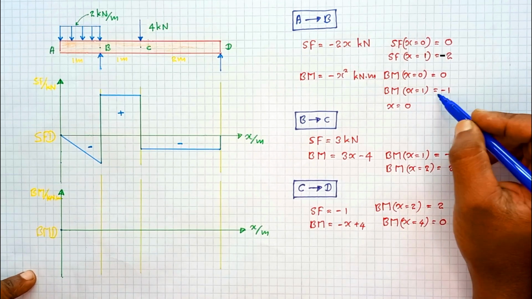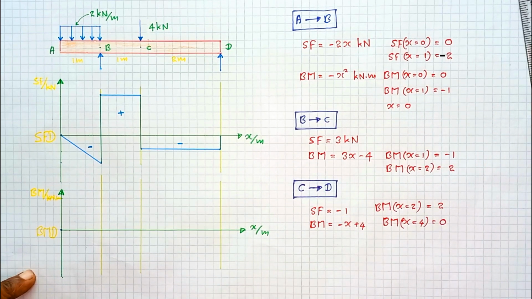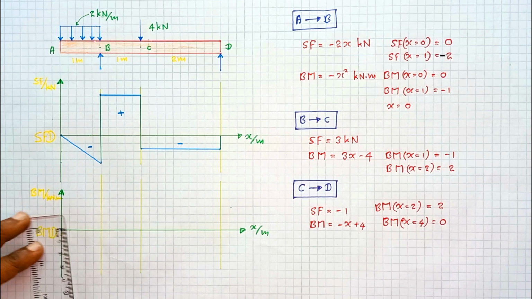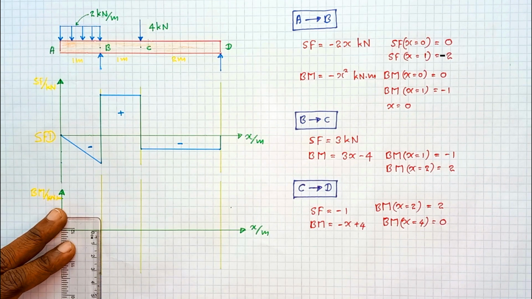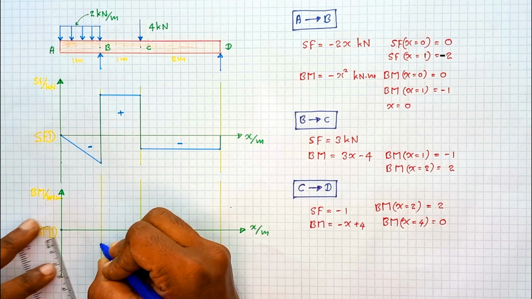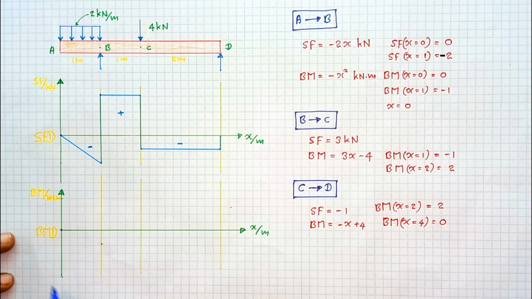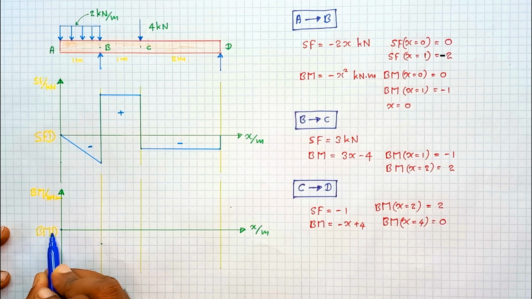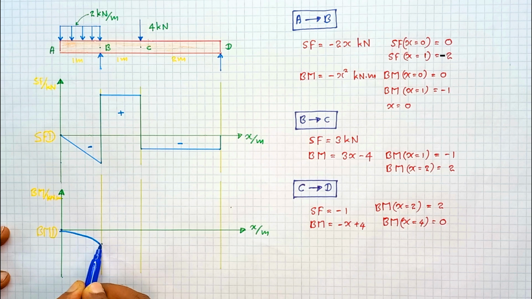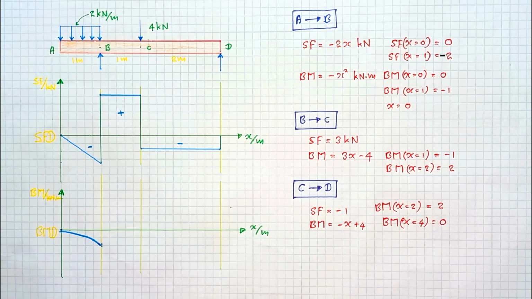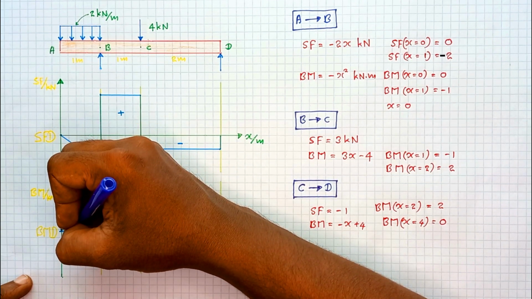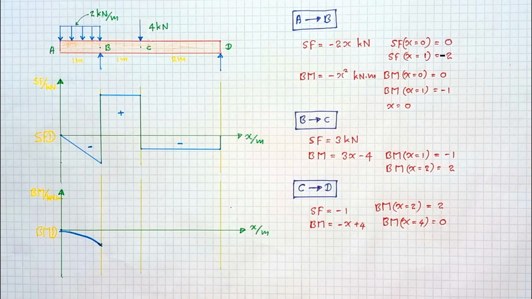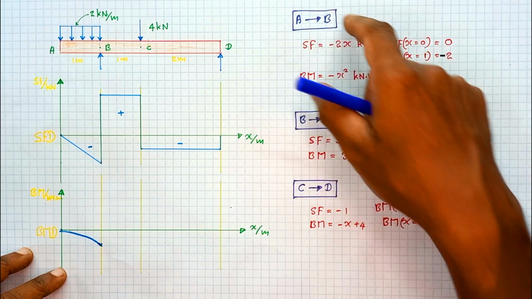Then x equal to 1, that is equal to negative 1. Then this is the parabola. This is how bending moment varies in A to B region.